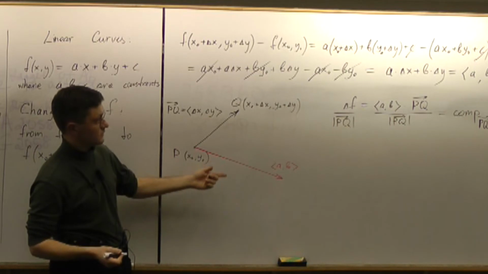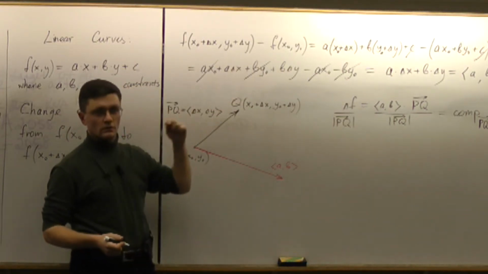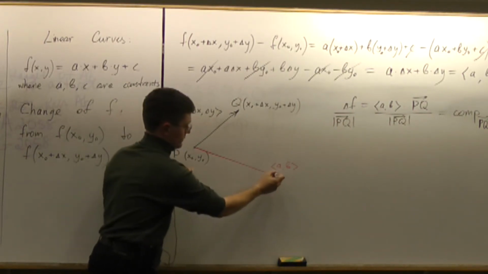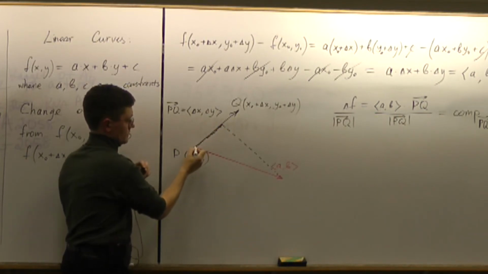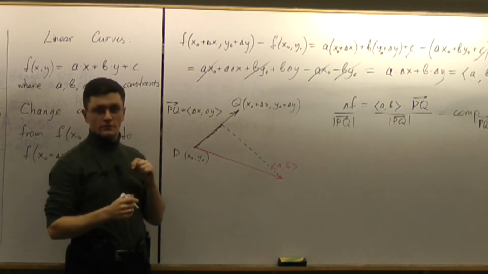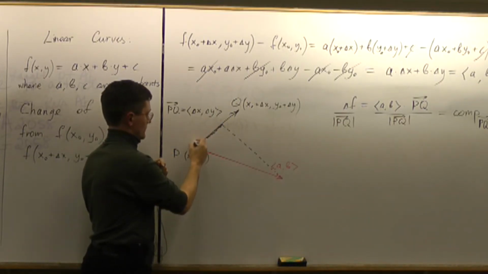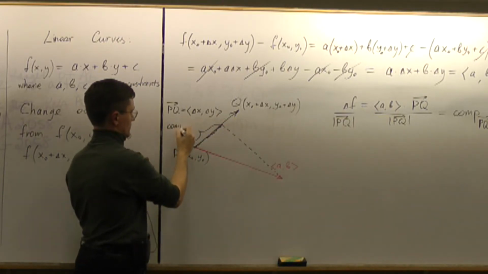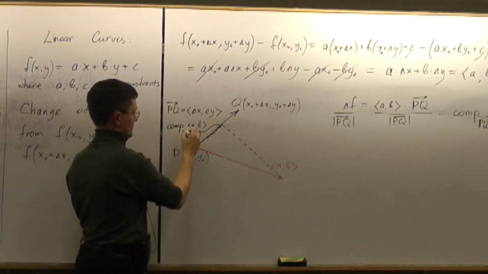What do you do to see the component of this vector AB with respect to that direction PQ? Well, you just project, right? So this is exactly that number. That's how large it is. This is component of the vector AB with respect to the direction PQ.